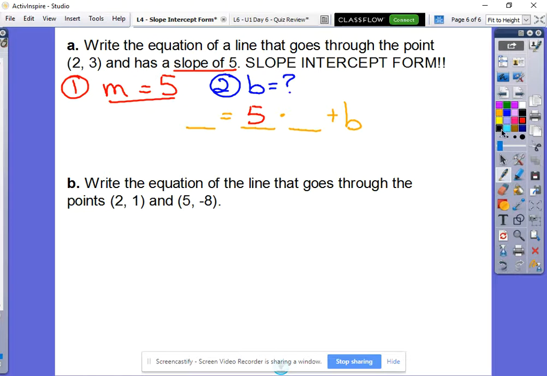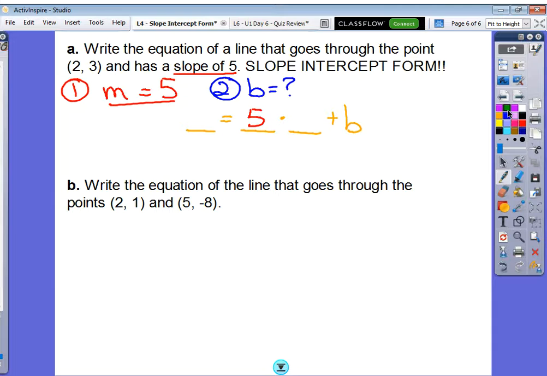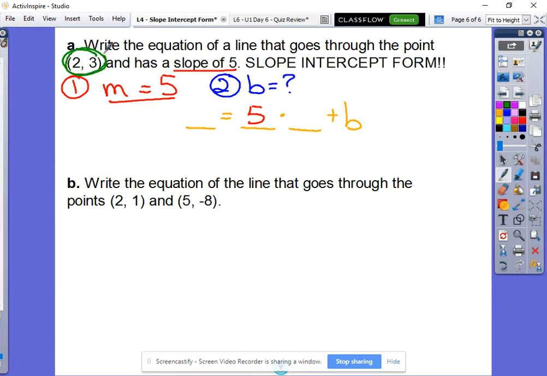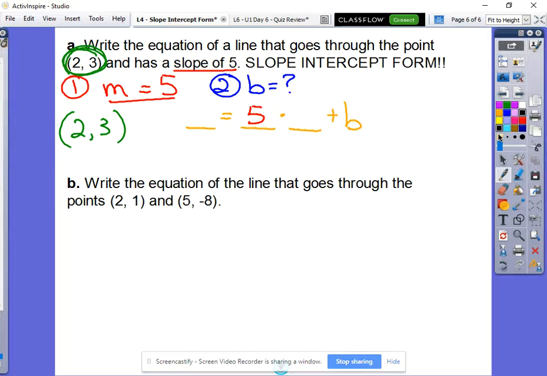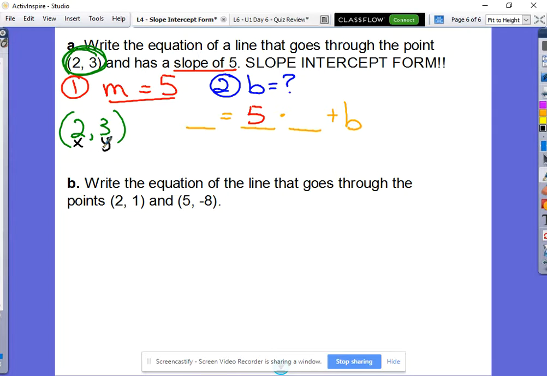Now the question is, what is our x and what is our y? I want to remind you that we were given a point, and that point is 2 comma 3. Remember that any point, 2 comma 3 in this case, is really an x and a y. Your x is 2 and your y is 3.